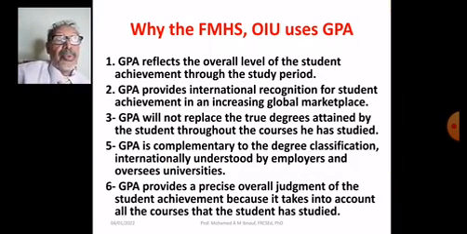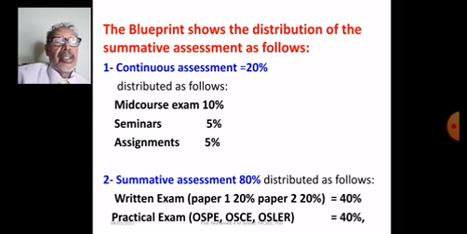And why do we use grade point aggregates? Because it is internationally recognized between universities and by employers, and also it reflects the overall level of student achievement throughout the study. And it is more judicial to compare between students over the whole period of the study.